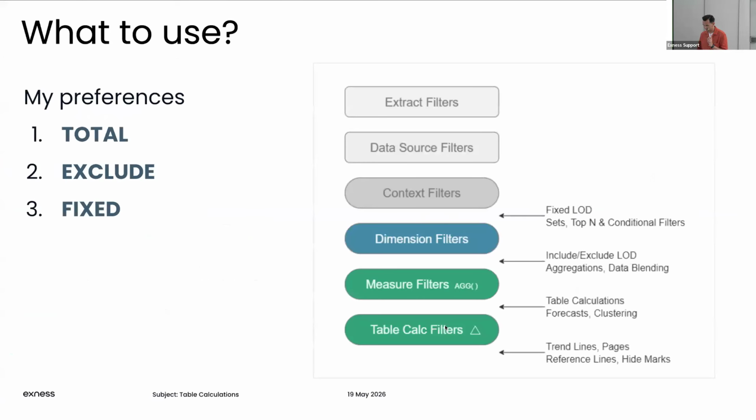First of all, I already told you about my preferences. I prefer total. Sometimes I use exclude. And I try not to use fixed at all unless it's really needed by the design of my workbook.